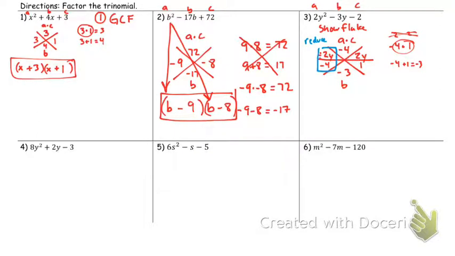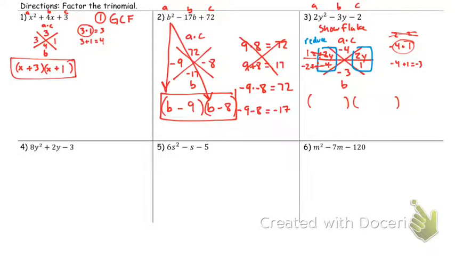If I divide this by 2 and this by 2, this turns into 1 and this turns into -2. Once we do that, we put it into our template. If you look at this guy over here, we can't reduce anything there, so he stays the same.